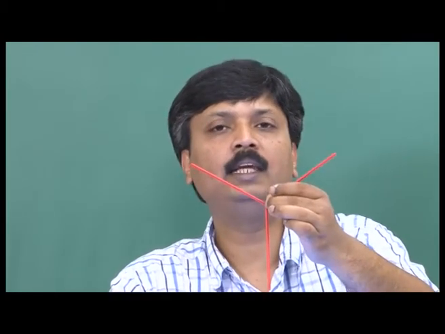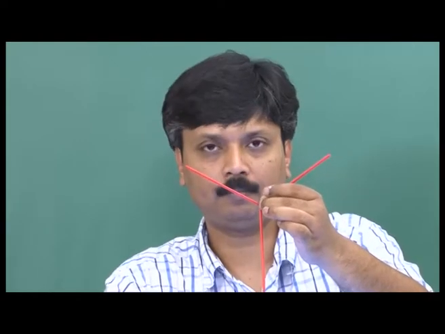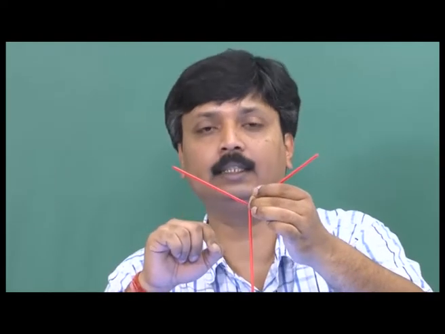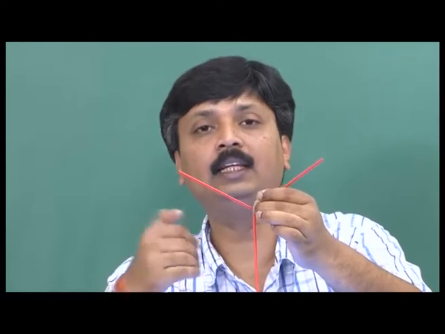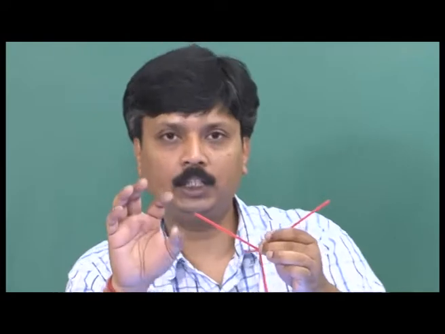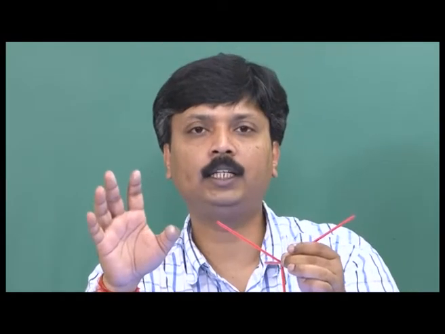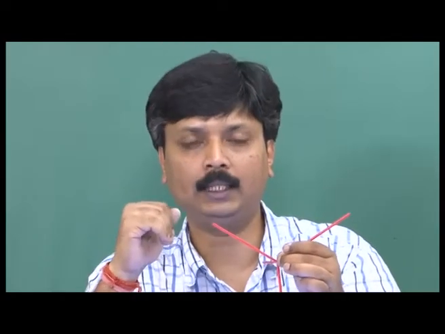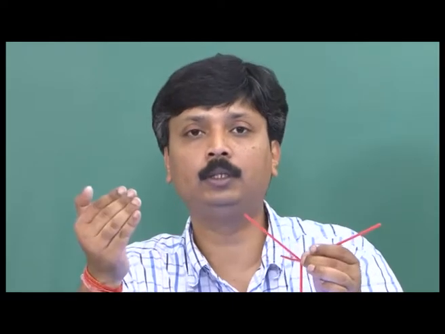But then if I give a reflection perpendicular to that axis, then I get an indistinguishable structure. So this combined effect of a rotation followed by a reflection perpendicular to this axis gives me an indistinguishable structure.